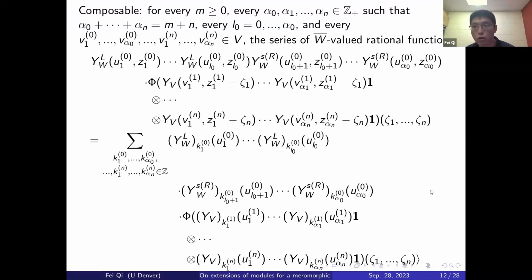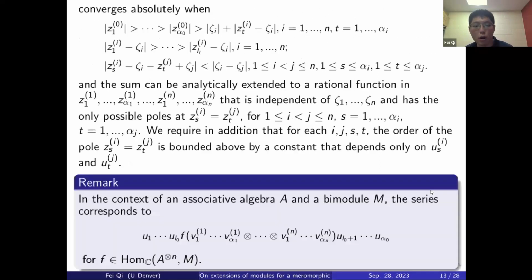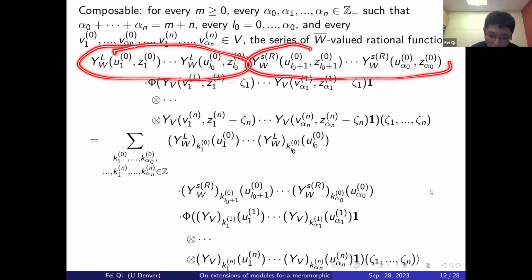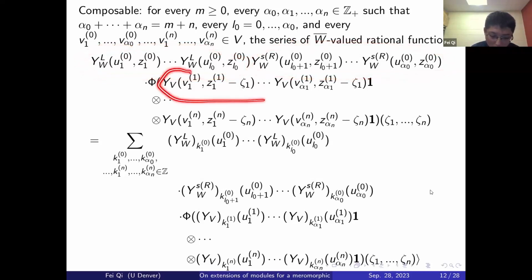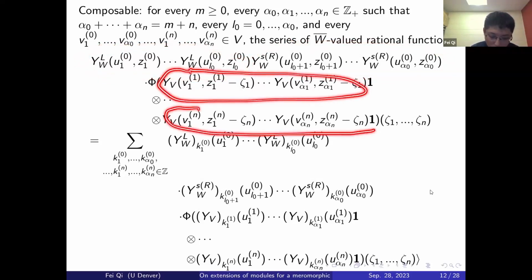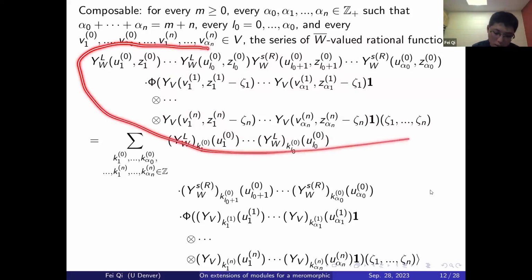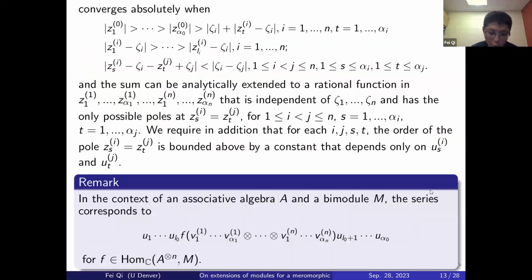This is how the condition looks, and it looks very horrible. But the point is that the condition is very natural. First we have a bunch of left action operators and a bunch of right action operators, and in the middle, for the inputs of the phi map, we have a bunch of contractions, basically products of things over here. And we will require that these kinds of series converge.